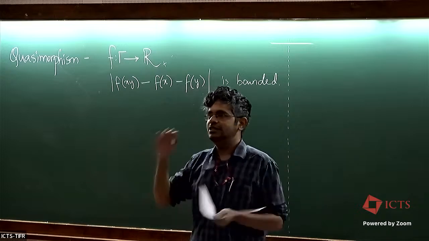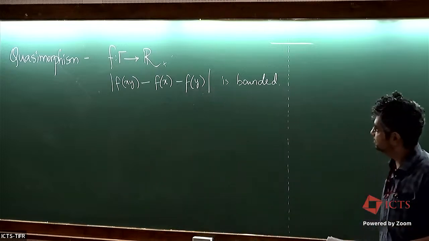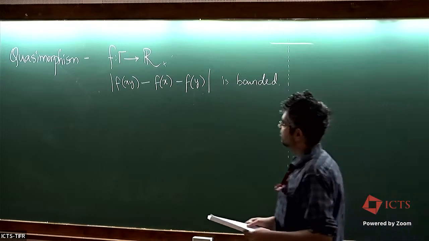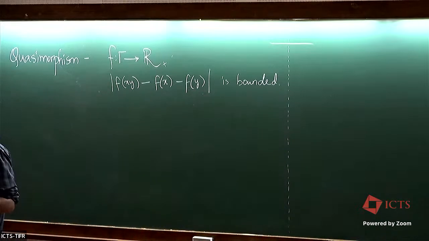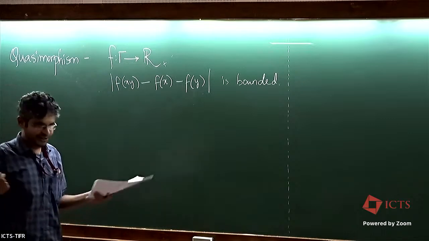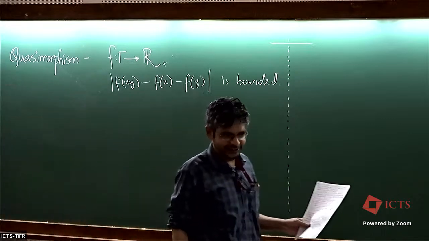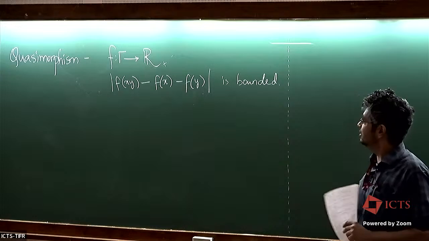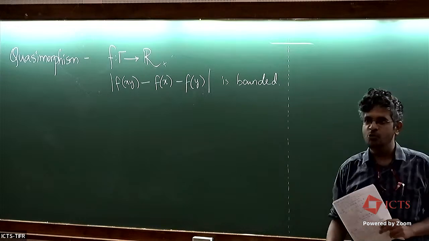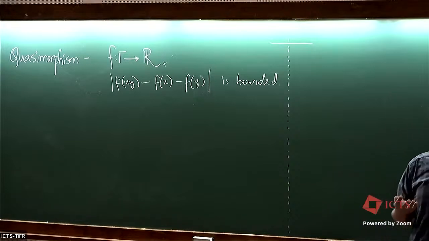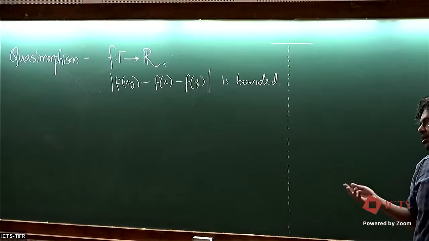Locally, it still looks almost like a homomorphism. So this is called a quasimorphism, and this looks like a simpler setting, but in fact, this is still an object of study. It's a very interesting question whether you can have quasimorphisms for gamma. What is a condition on gamma that allows it to have quasimorphisms?